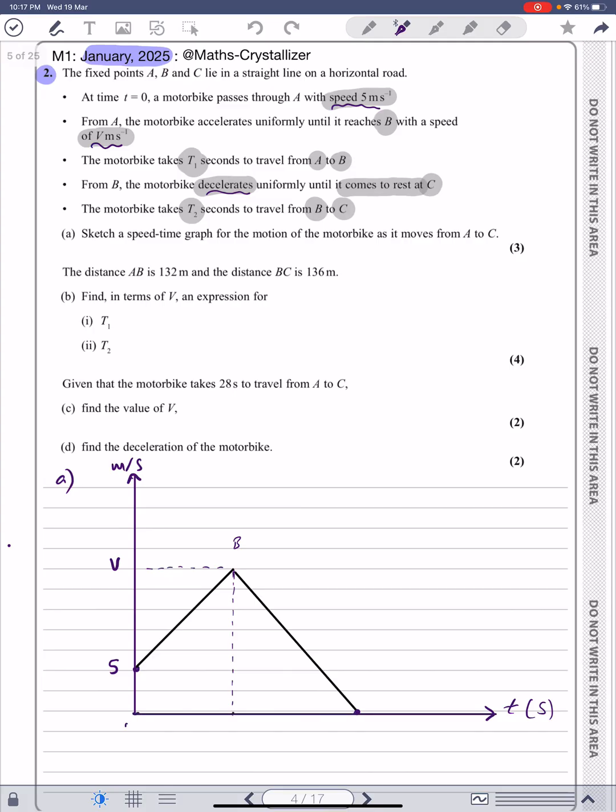So from here 0 till here T1, and it takes this motorbike T2 from B to C. So from here to here, this point is T1 plus T2, or we may say the time from here to here is T2 seconds. Finishing part A.